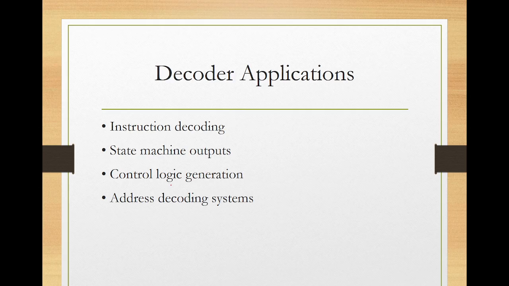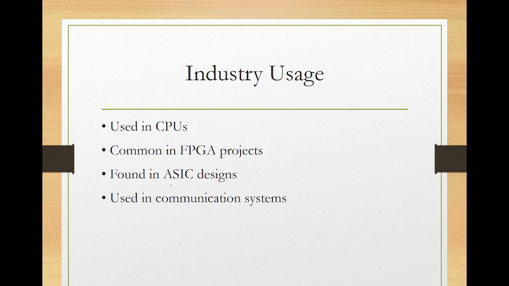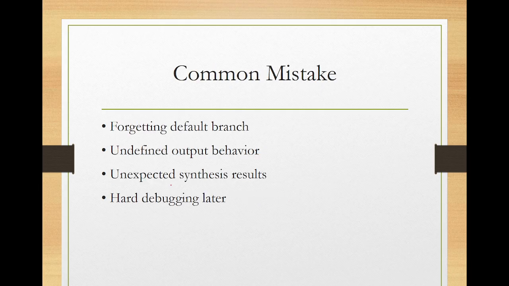The processor must decode the instruction. One value, many possibilities, a perfect case statement application. In fact, modern processors contain thousands of case-like structures. Used in CPUs, common in FPGA projects, found in ASIC designs, used in communication systems.